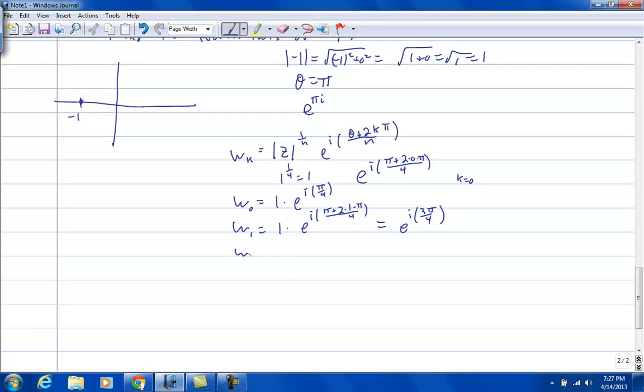Our w2 is 1 times e to the I times pi plus 2 times 2 times pi all over 4. That's pi plus 4 pi, which is 5 pi over 4. And our w3 is 1 times e to the I times pi plus 2 times 3 times pi all over 4. It's e to the I times 7 pi over 4.